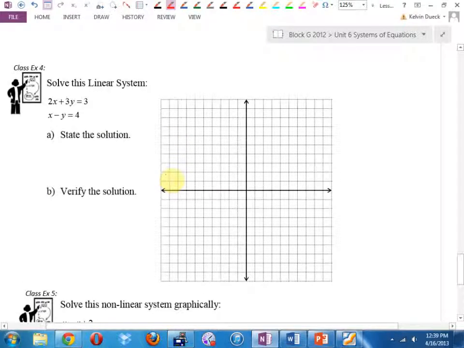Try example 4 on your own. I'll do it up here. See if we get the same thing. So, Logan, try example 4 on your own, my friend.